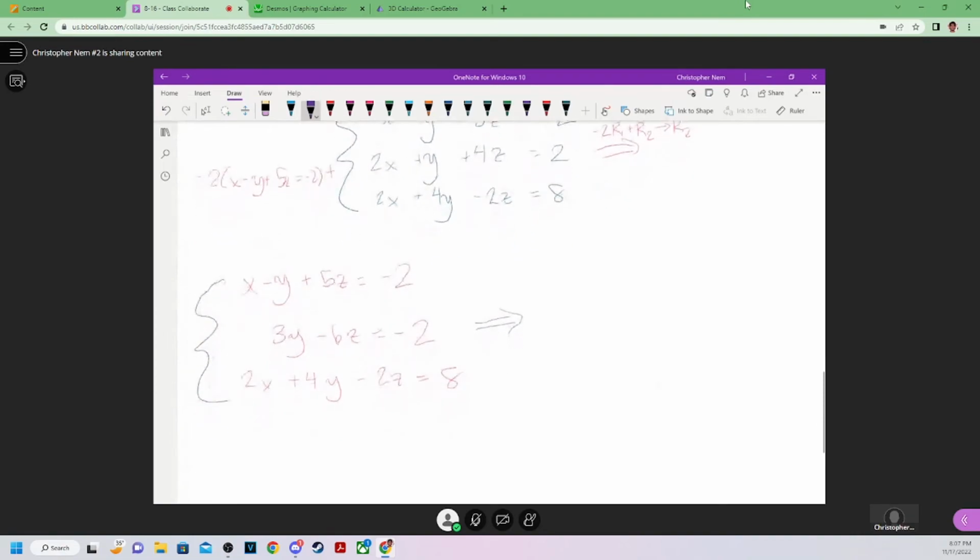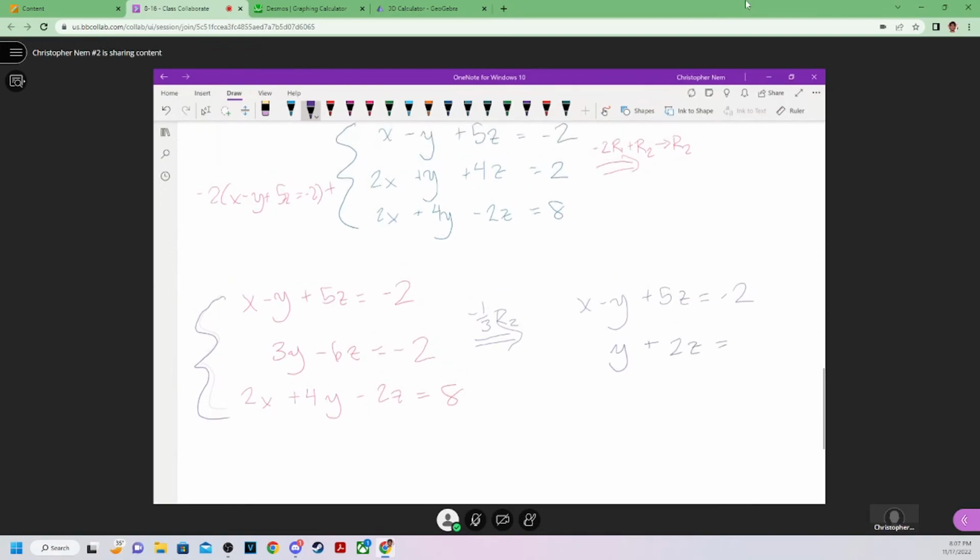So over here, now the second equation is almost good to go. I just need to multiply that by negative 1/3 of R2. So I have x minus y plus 5z equals negative 2. Then I have y plus 2z equals, wait a minute, something went wrong.